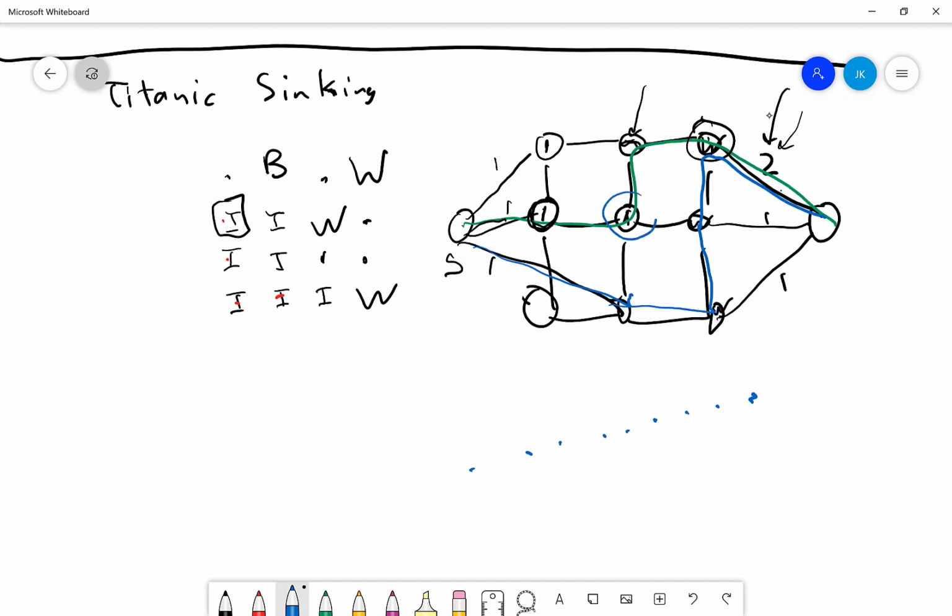And if they end up on a piece of ice, because it's got a node capacity of 1, only one person is ever going to be able to use that ice. So if that person has the flow path through there, that means that's the person who used that piece of ice. Okay, so in this problem, your flow path shows you the physical path that a person takes.